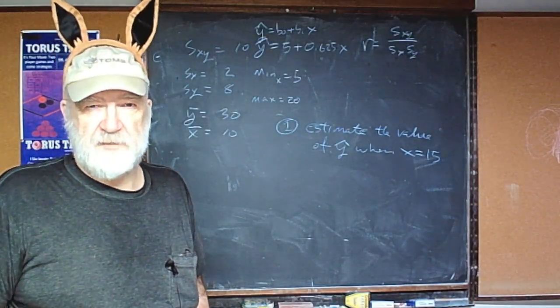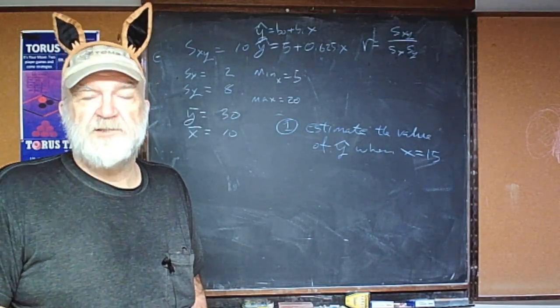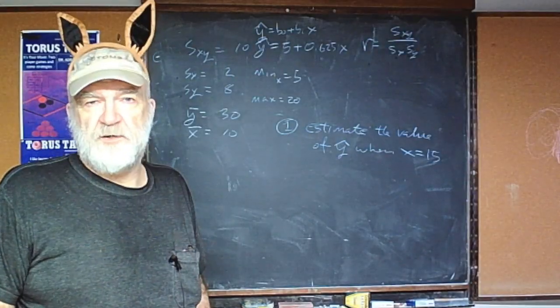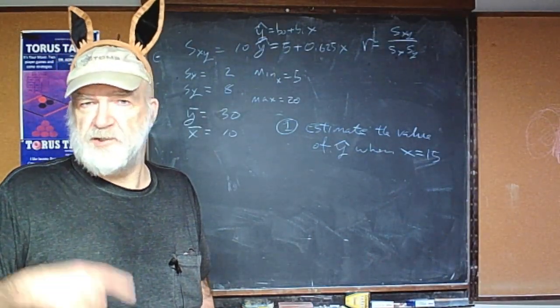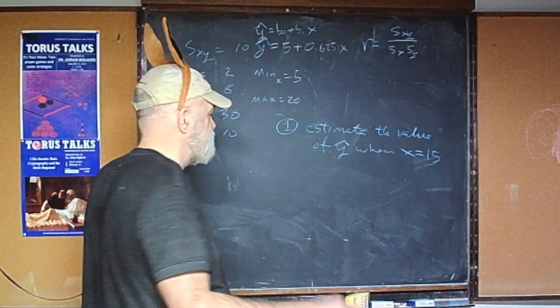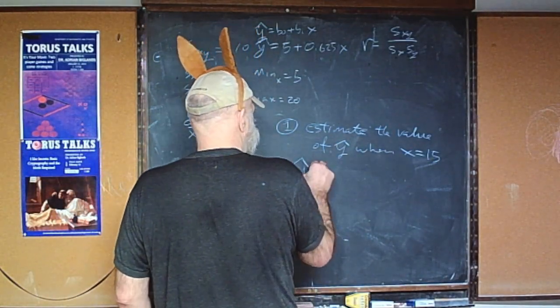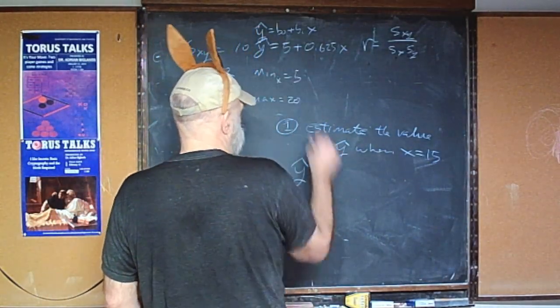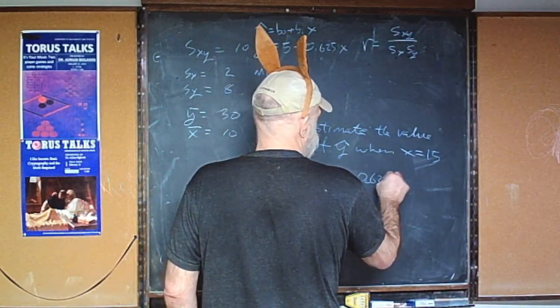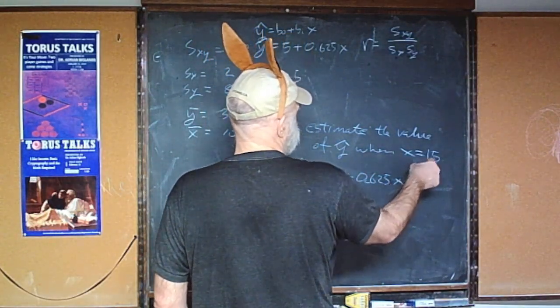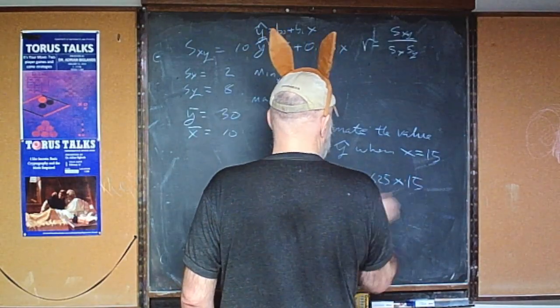I don't want to complicate things. I just want to show you how to do this. So a question that asks you to make an estimate or a prediction means plug the x value into the equation and compute it. That's all it means. So y hat will be equal to 5 plus 0.625 times 15.